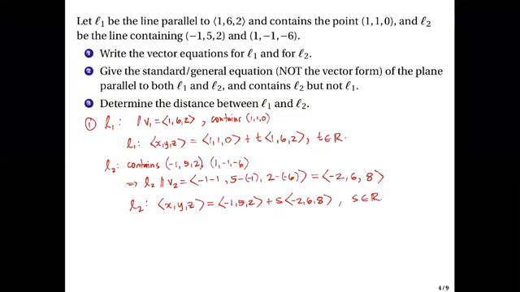So in here, for the second one, we want to find the standard or general equation of the plane parallel to both L1 and L2 and contains L2 but not L1.